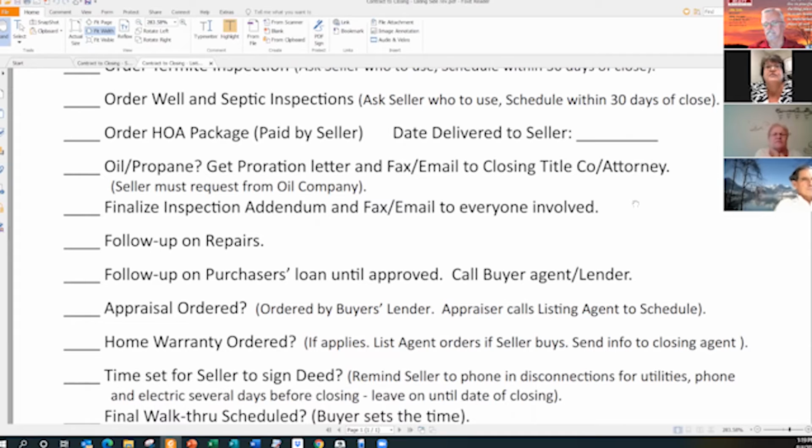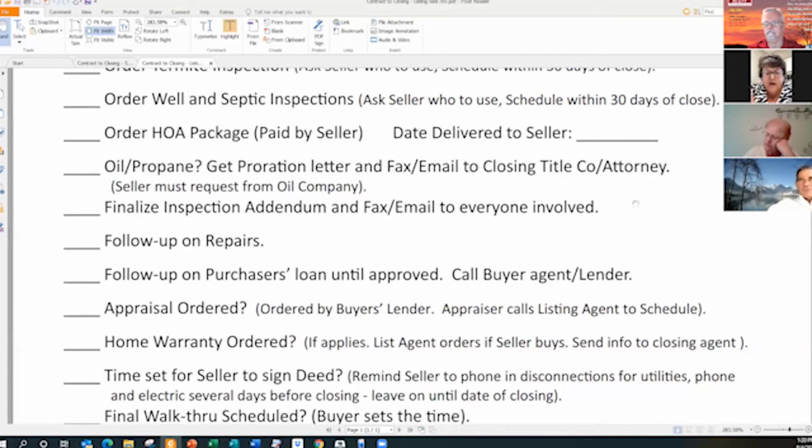That those repairs do have to be done by a licensed contractor in most instances, that they will need paid receipts showing that the work is done, or if the receipt's going to be paid at closing. Sometimes if something big like a roof is done, it's agreed upon that it's going to be paid out of the proceeds at closing. So you need to make sure that invoice gets sent to the closing attorney so it can be put on the closing documents. But just keep tabs on the repairs, and remember they have to be done before closing.